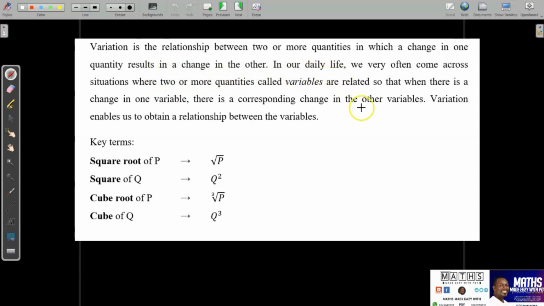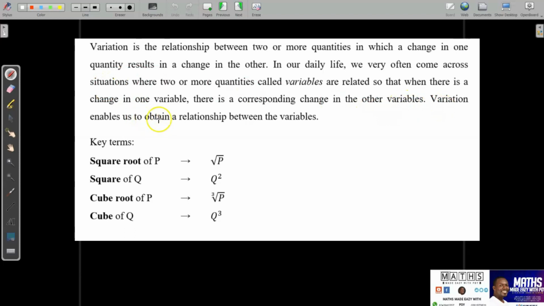So in our daily life, we very often come across situations where two or more quantities are called variables. Anything that we use, we classify as a variable because it changes from one state to the other, and it comes from the word varies. We come across two or more quantities called variables and are related so that when there is a change in one variable, there's a corresponding change in the other variables.